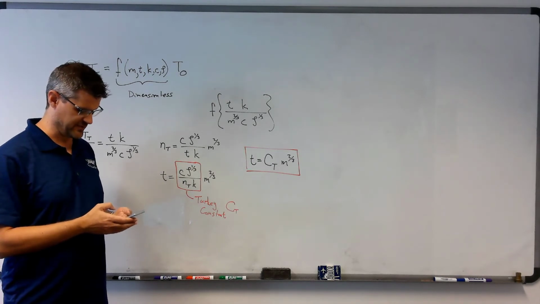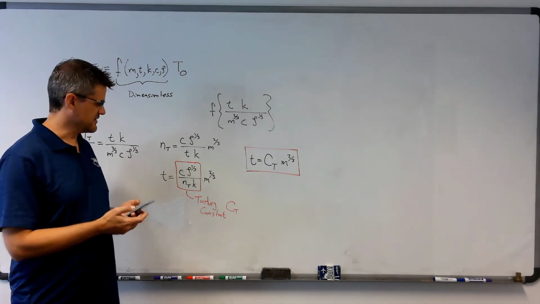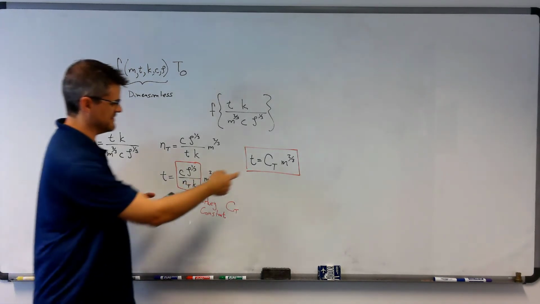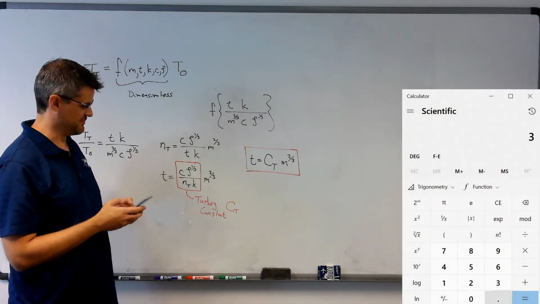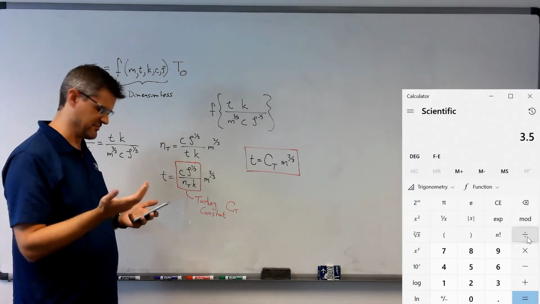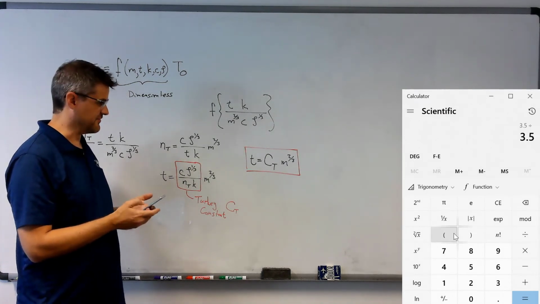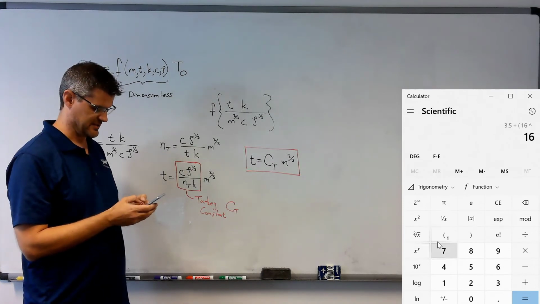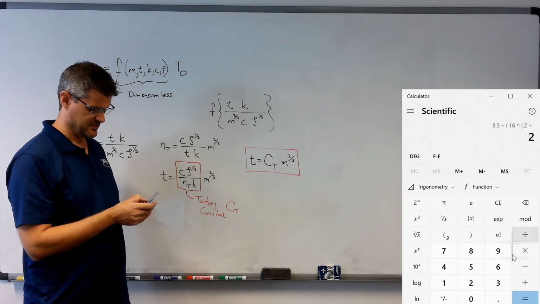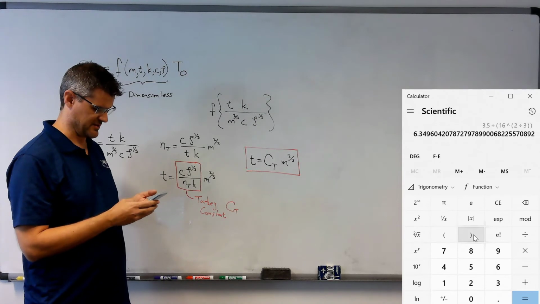So what kind of numbers are we coming up with here? So it's going to be something like units of 3.5 hours, give or take, divided by a 16-pound bird or so, 16 to the 2/3 power.